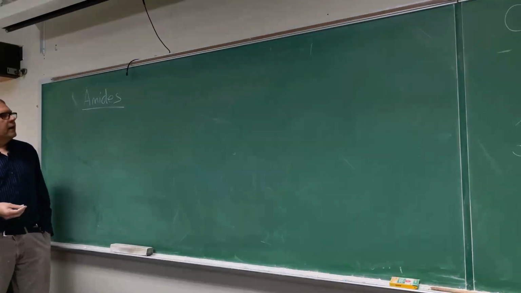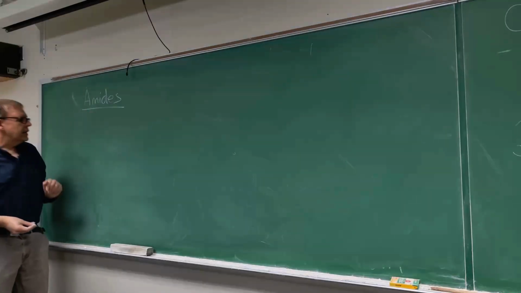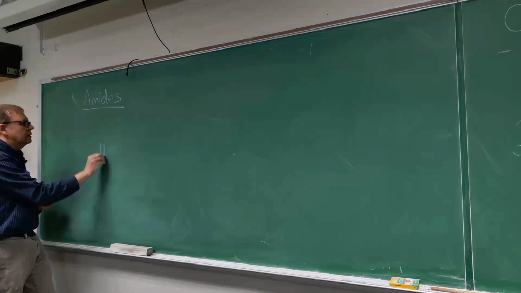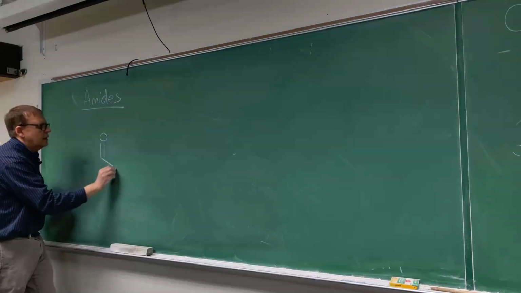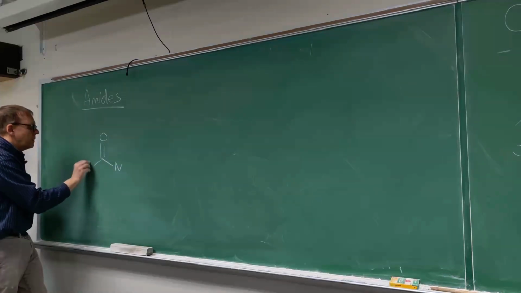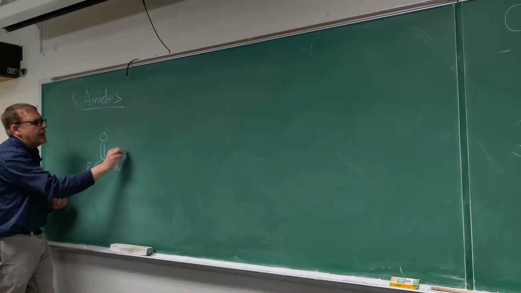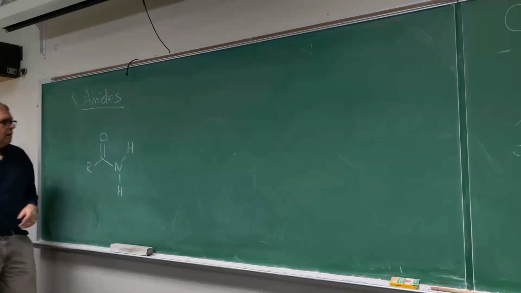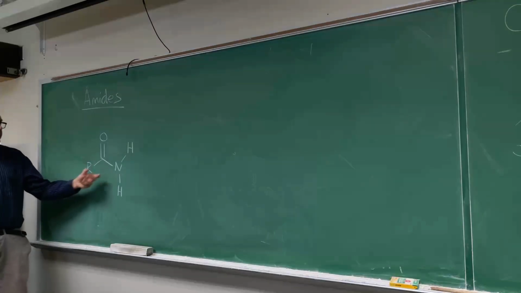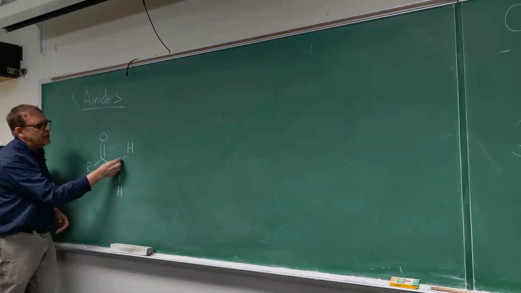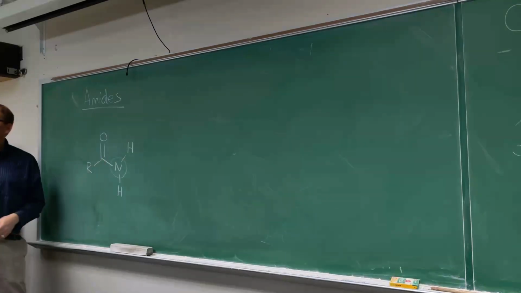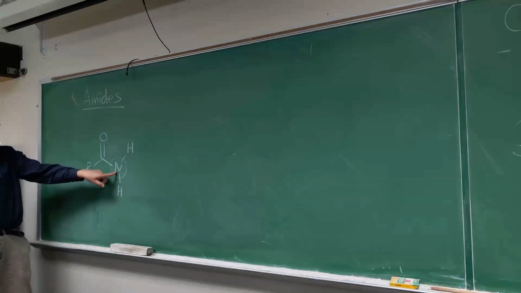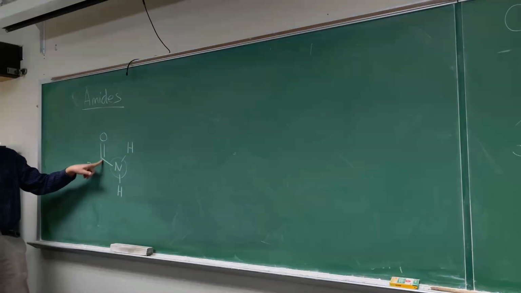But these are molecules that contain a carbonyl with an R group and a nitrogen. And there are different ways to do this. So if you have an amide like this, and if you look at the nitrogen and count the number of carbon groups that are attached, this nitrogen has one carbon group attached, the carbonyl.